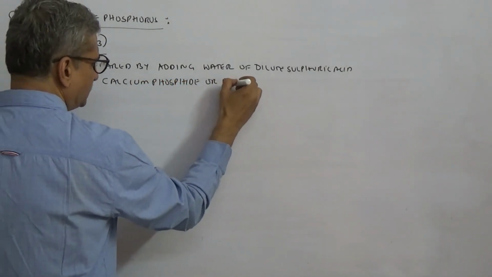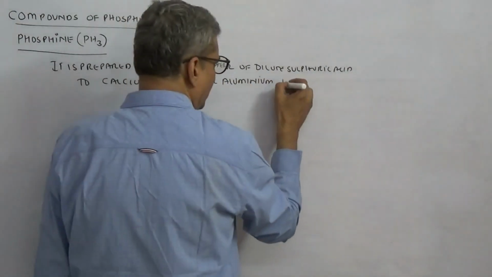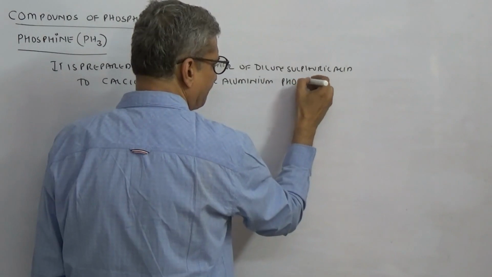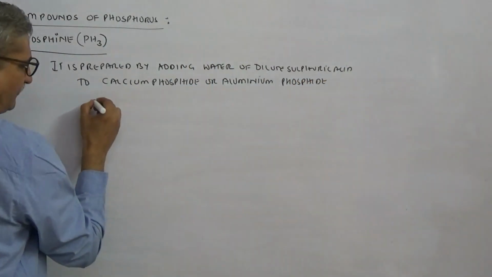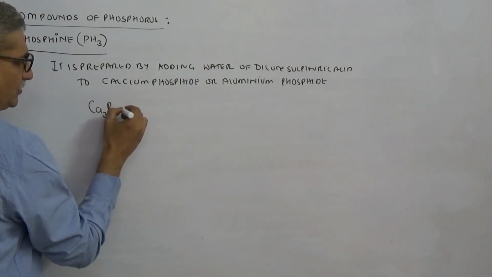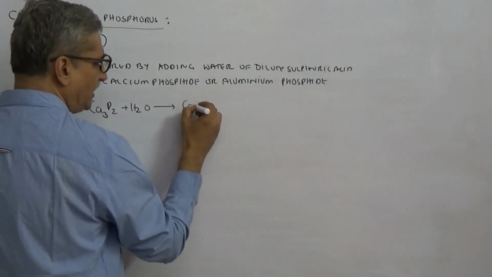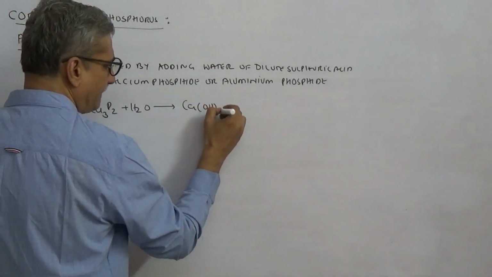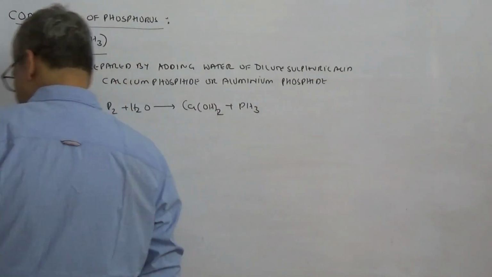See, what happens is calcium phosphide, Ca3P2, simply reacts with water. So what do you get? You get calcium hydroxide plus phosphine PH3.